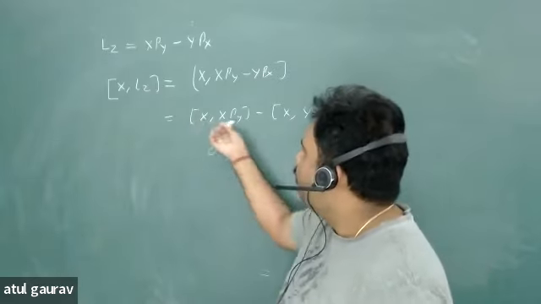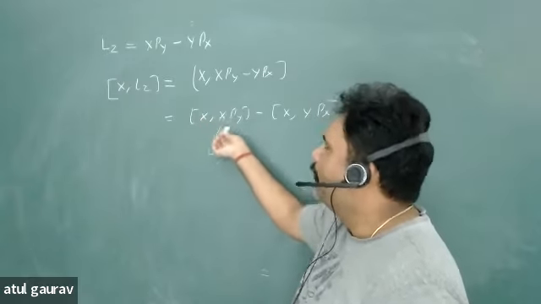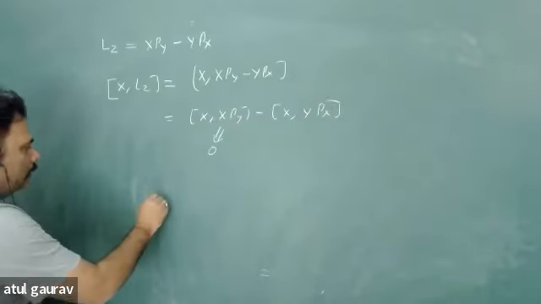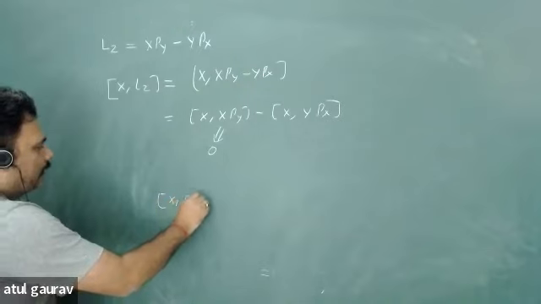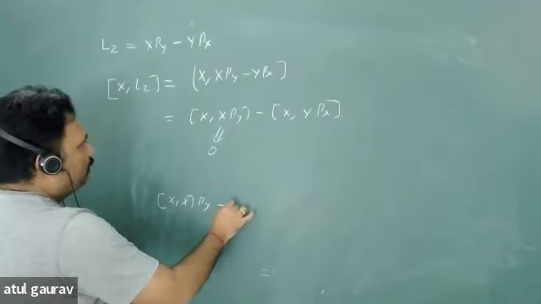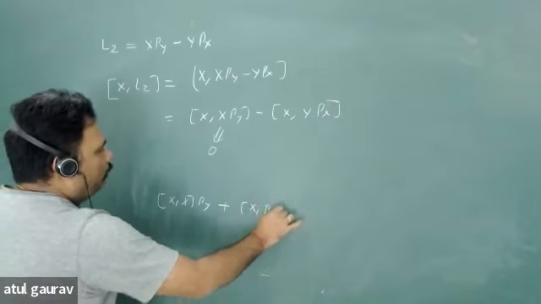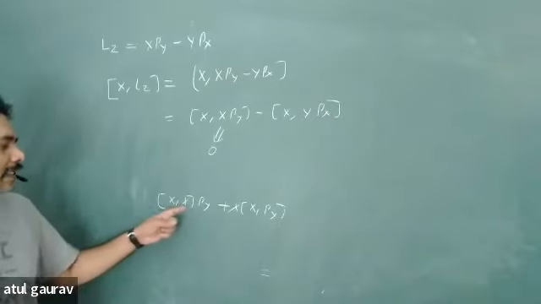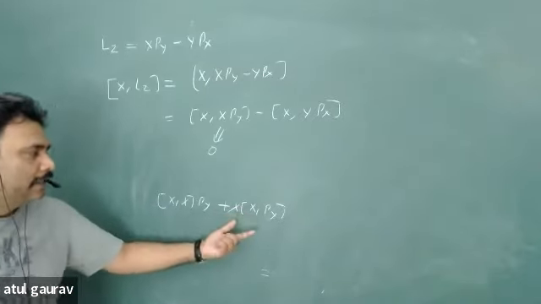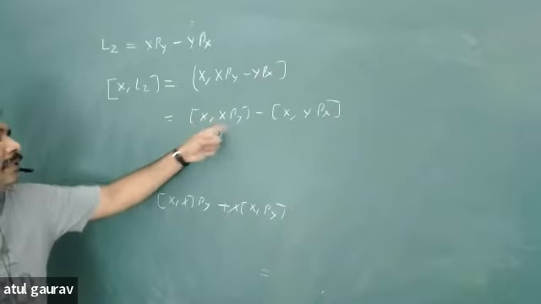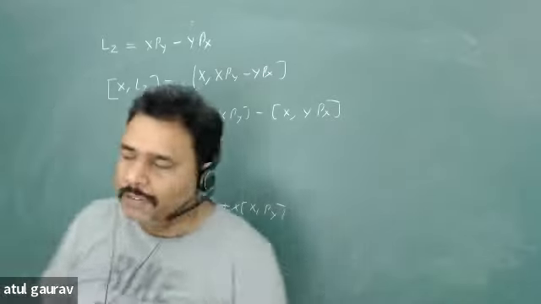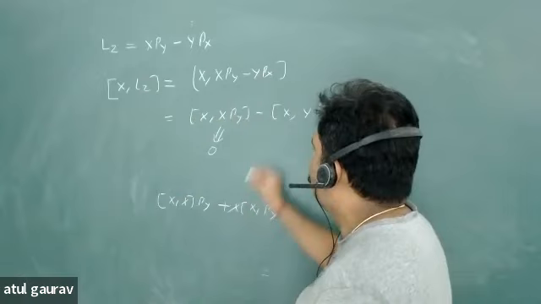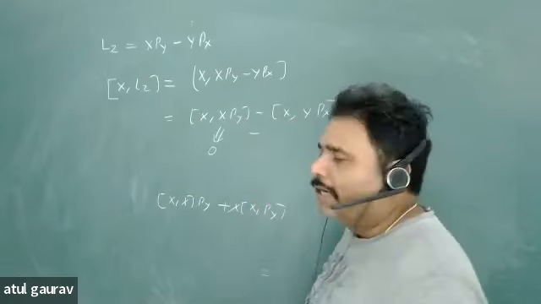Because if you open it, what will you get? x with x, py, plus x, py with x. And what will happen to x and x? That is 0. What will happen to x and py? That is also 0. So you just search for which one is going to survive. Here x and x is not going to survive, x and py is not going to survive, so this directly goes to 0.